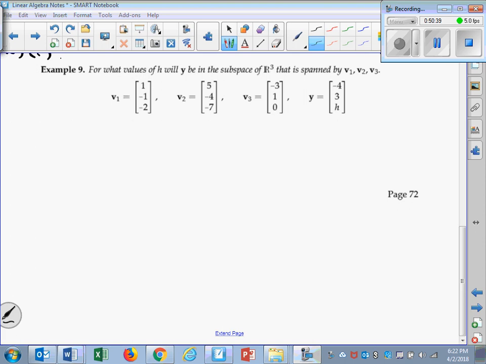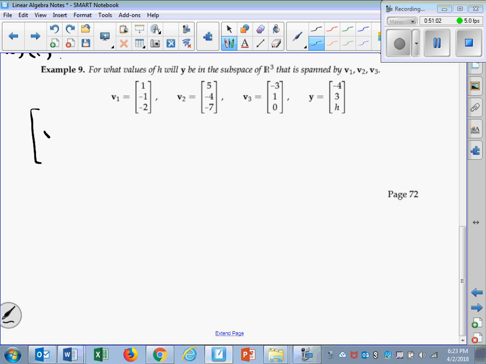We're just using some new subspace vocabulary. Before, we would just say what puts y in the span of v1, v2, and v3.